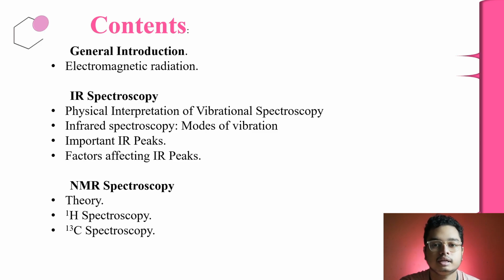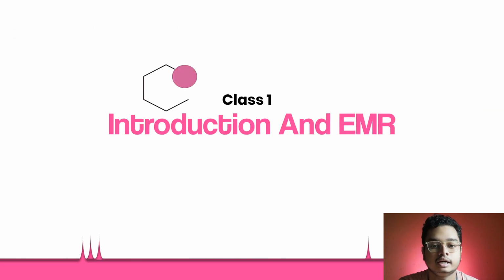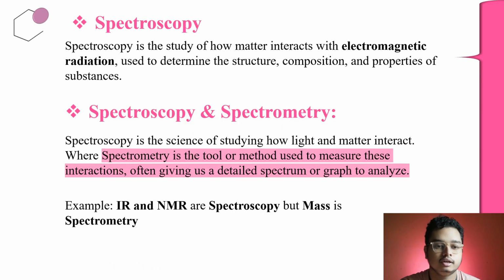So let us begin with our first lecture, that is the general introduction to electromagnetic radiation. Okay, so first we begin our discussion with spectroscopy. By definition, spectroscopy is the study of how matter interacts with light, and light is nothing but electromagnetic radiation.